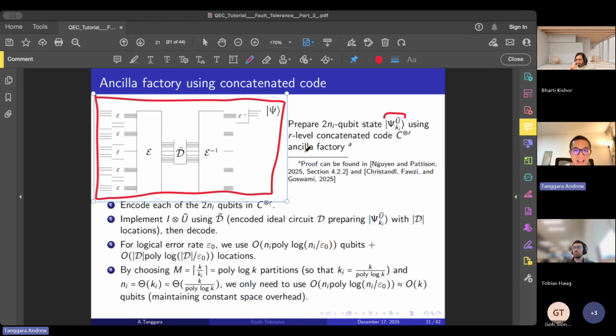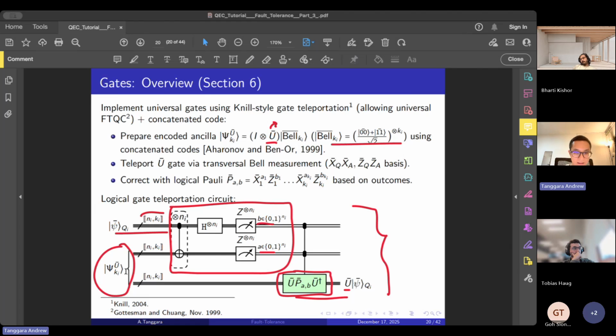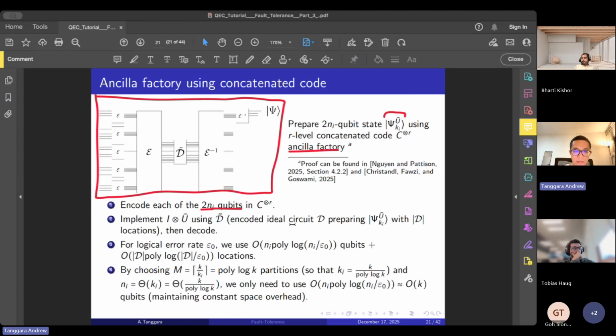So this acts as an ancilla factory. I want to encode these 2k qubits, the two blocks of ancilla, in this R-level concatenated code.